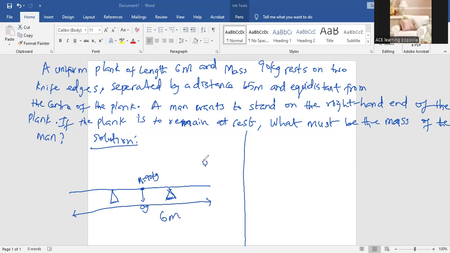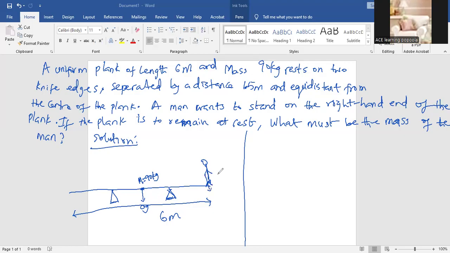And then there's a man that wants to stand at the edge like this. The question is asking what should be the mass of this man if this plank will not fall. What must this man weigh if he will be balanced on this plank? Normally, standing here, his weight acts downward.